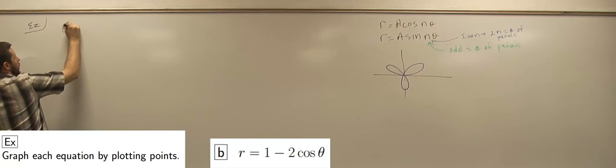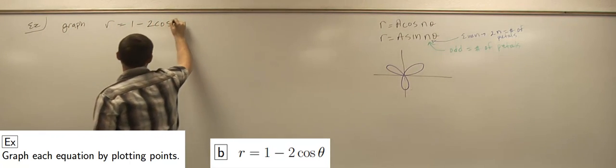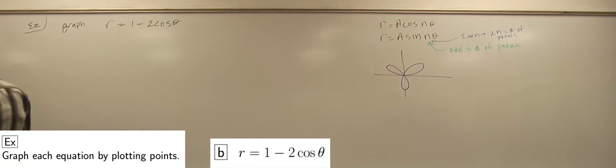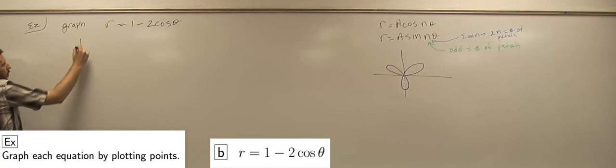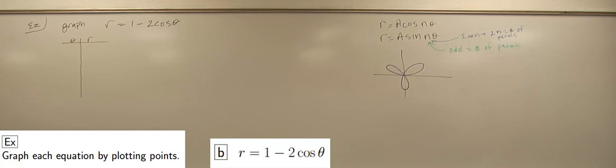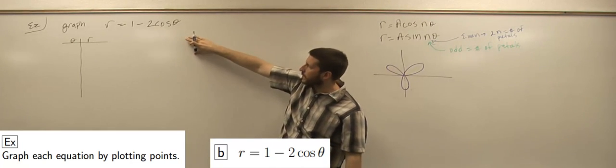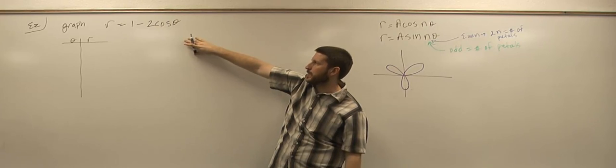Let's graph r equals 1 minus 2 cos theta. We're not getting super hardcore in polar graphs, all we're really doing is plotting points.